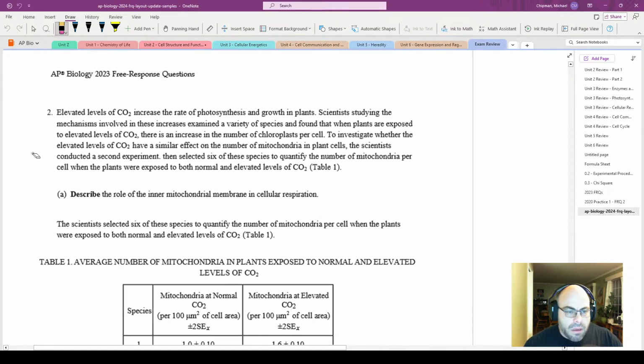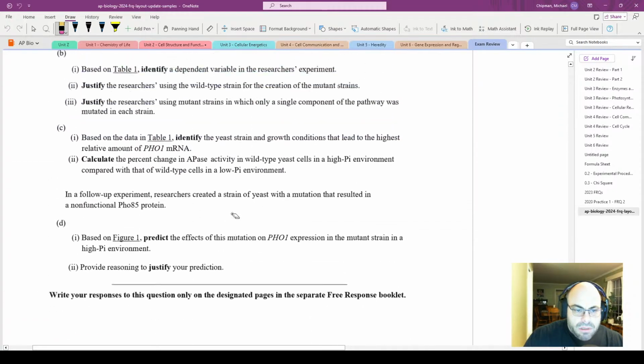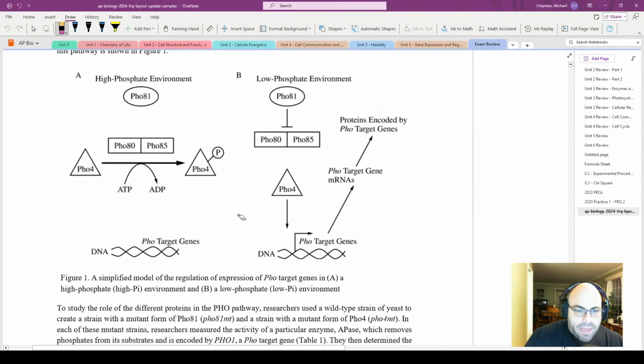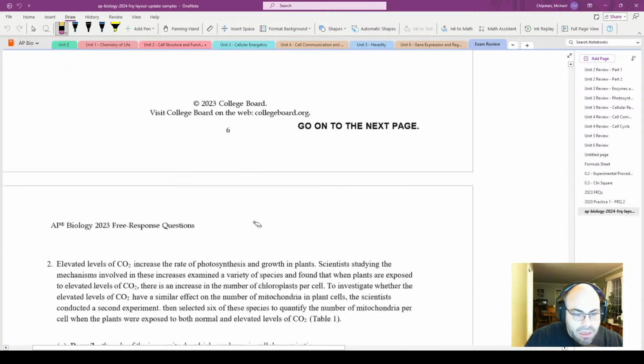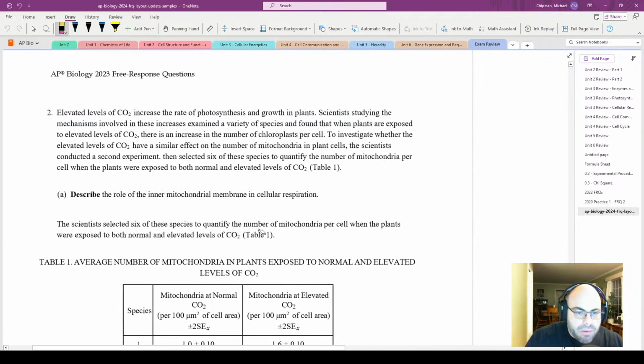So this is a question that was on the exam last year. And this is the graphing question. Graphing question is always going to be the second question.